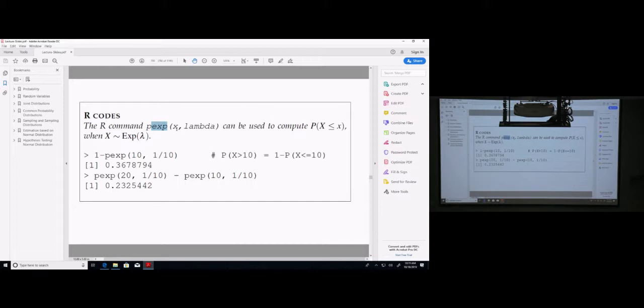But if you don't type in the lambda like this, then you have to follow the order of your input. All right, so 10 would correspond to X, and then the R software would take 1/10 as the lambda. All right, and so this is just this.